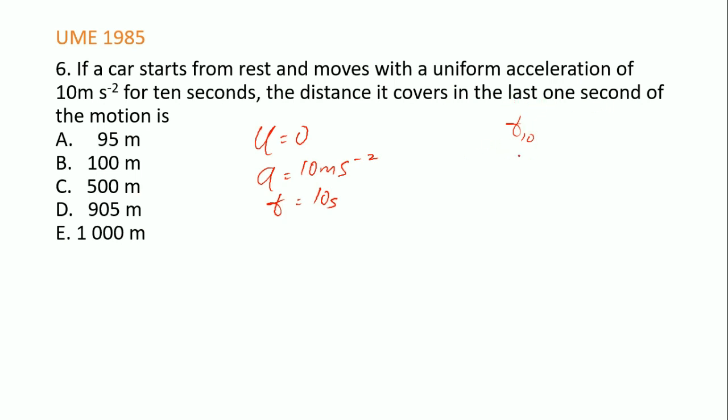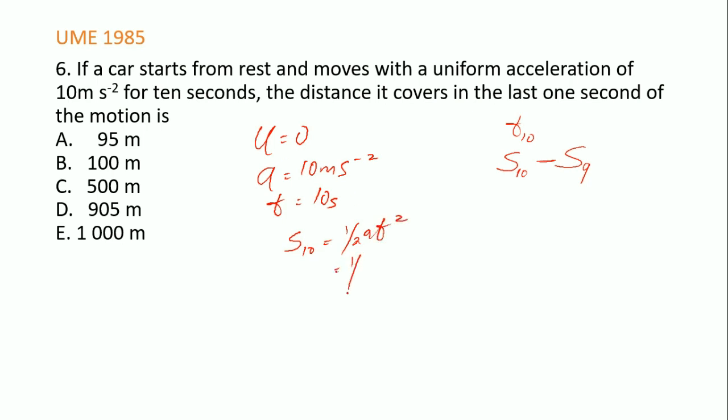The distance it covers in a total time of 10 seconds minus the distance it covers in a total time of 9 seconds will be the distance in the 10th second, which is another way of saying the last 1 second. We just need to figure this out, then subtract. So x sub 10 will be equal to 1/2 at squared, since u is equal to 0.